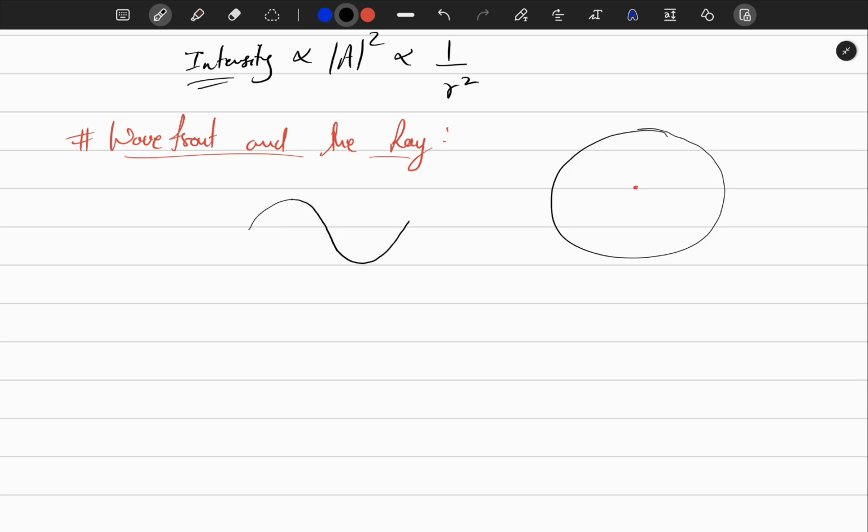After the crest, they will start coming down.